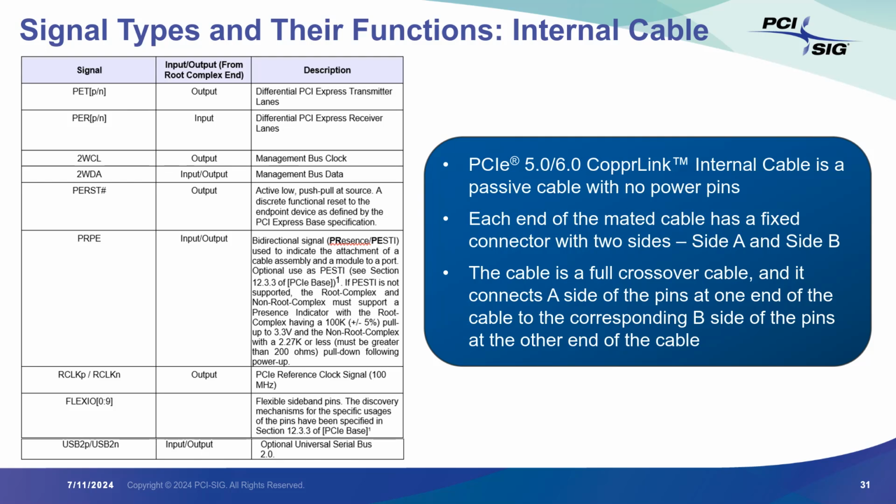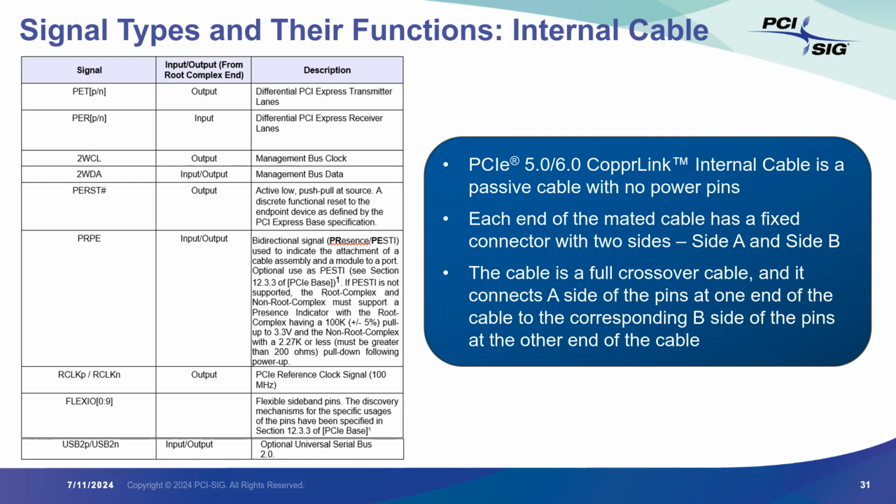They could be configured for a number of different functions, and advertisement and discovery mechanisms are maintained at the system level. These are discovery mechanisms that were introduced into the base specification, allowing the FRUs to talk to one another and establish that they understand how the root complex, endpoint or switch end are configured, to make sure these pins and their signals are used appropriately.